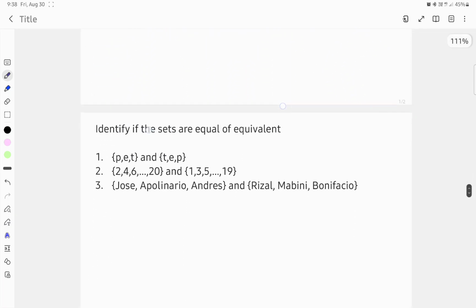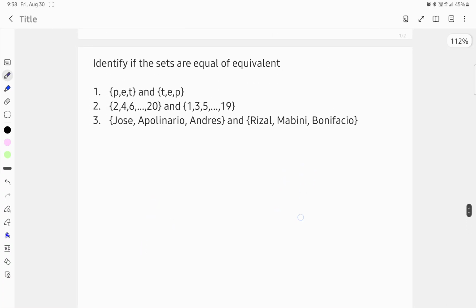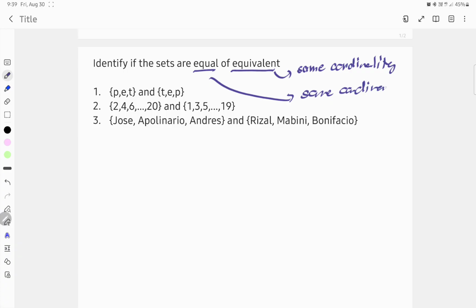Okay, now let's continue with equal and equivalent sets. When you talk about equivalent sets, we have the same cardinality. When we talk about equal sets, we have the same cardinality and elements.